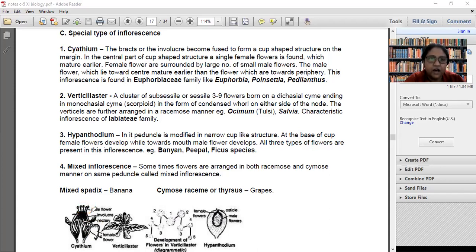Okay. Now here, in case of male flowers, if you look into the structure, it will be like this. At the center, there will be one female flower, and towards the periphery, there will be all male flowers whose number is more than the female flower.